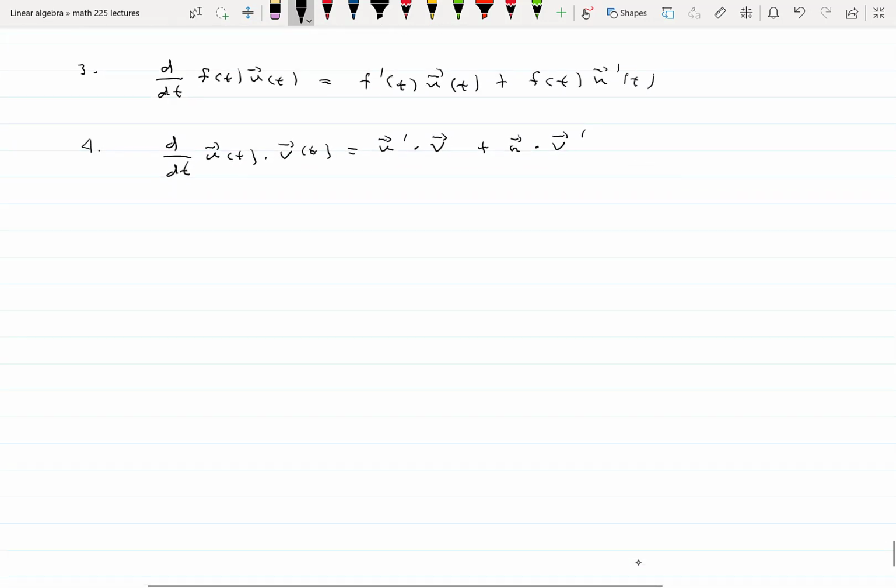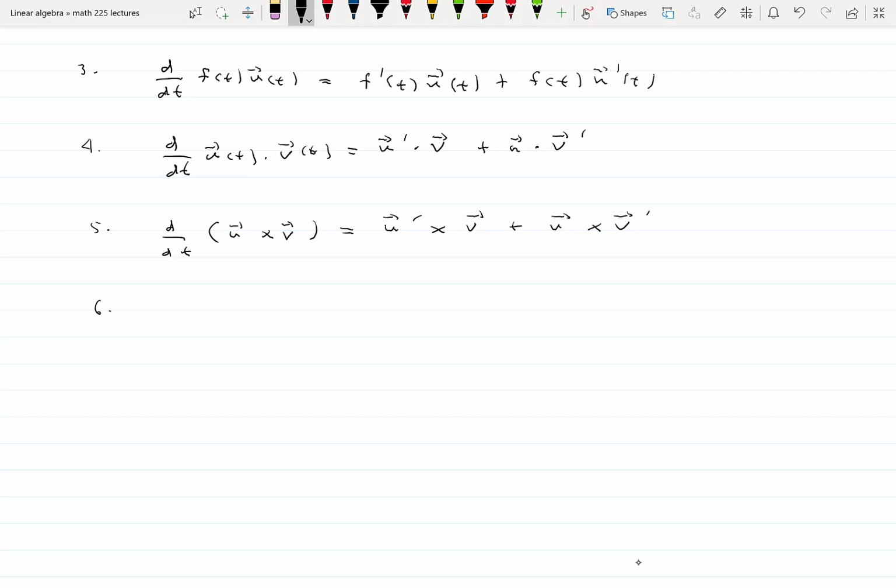So it's what we expect. Okay, we have a similar formula for the cross product, the time derivative of the cross product. It's the derivative of the first cross the second plus the first cross the derivative of the second.